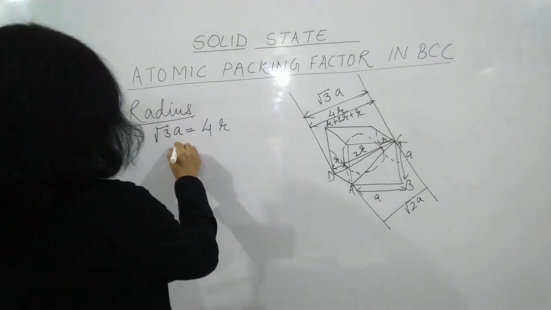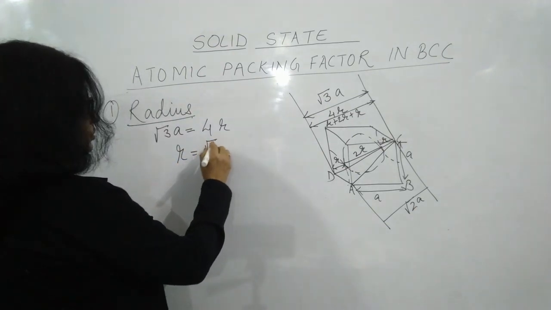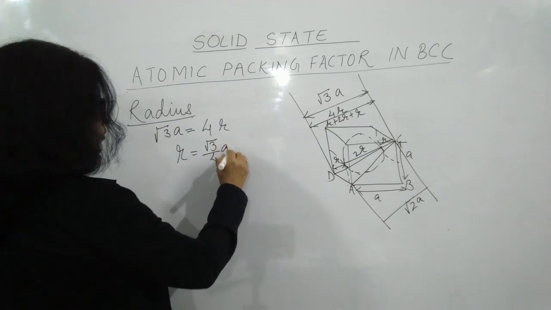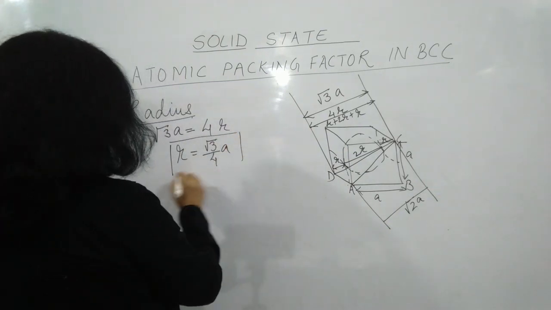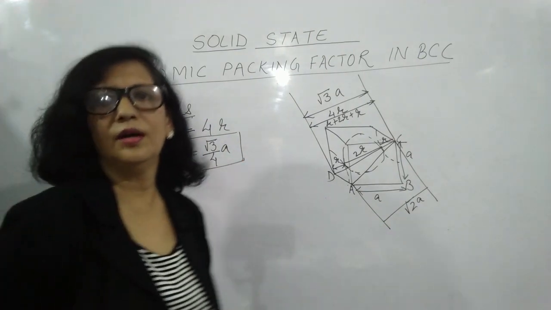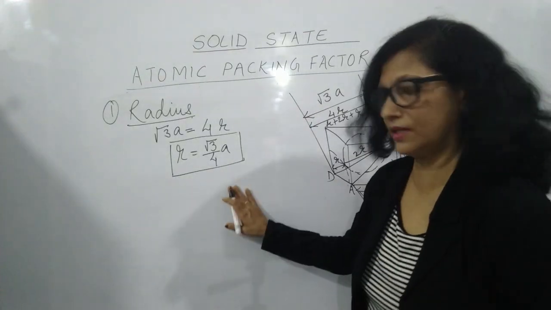So R will be equal to root 3 by 4 A. So this is your radius in case of a body centered cubic unit cell.